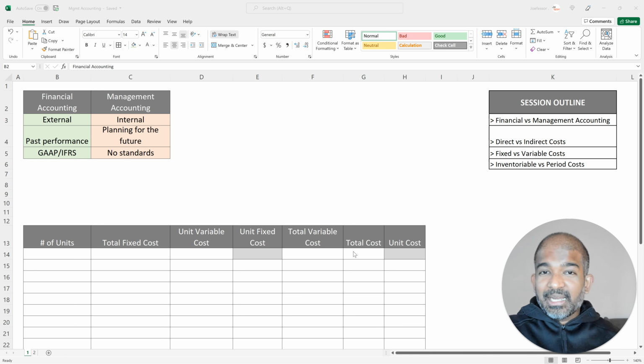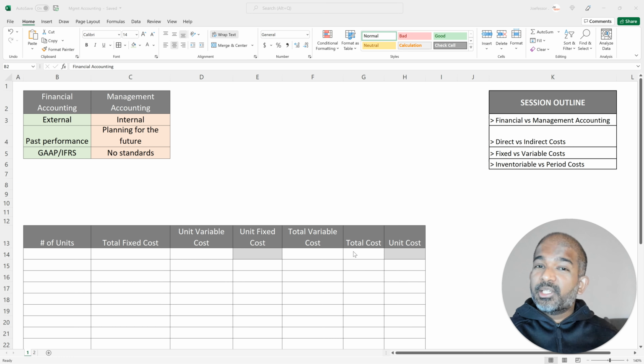Sometimes this depends on the technology available to classify this cost too. Consider the salary of a branding manager, for example, who is responsible for branding several products. It's impossible to trace the salary of this branding manager directly to the different products he's working on. So in that case, the salary of this branding manager is considered an indirect cost.